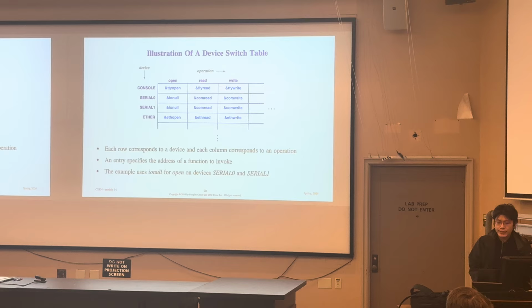So this is an illustration of the device table. You can have a console, serial device 0, serial device 1, Ethernet, and the table entries here, open, read, and write, are filled with function pointers to the device-specific function implementations.